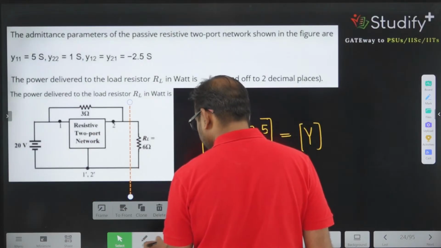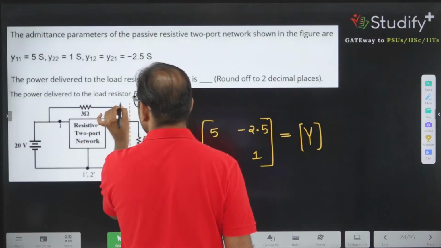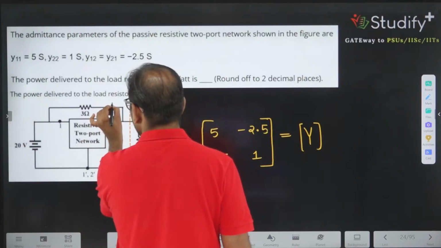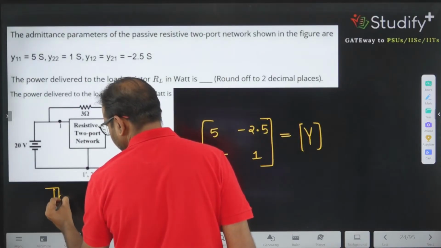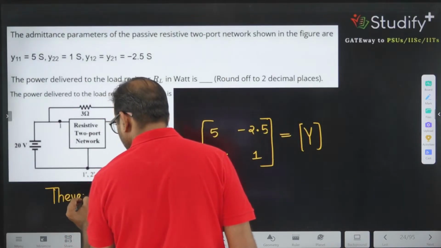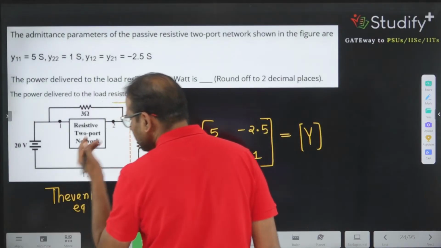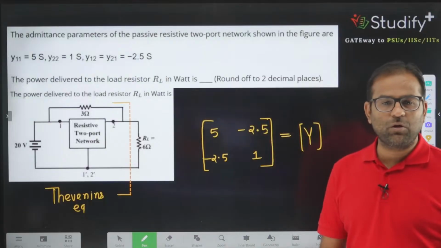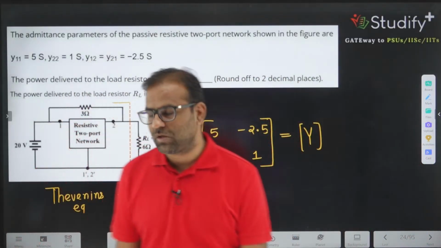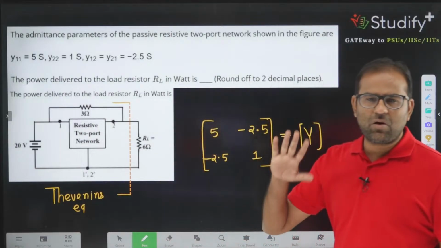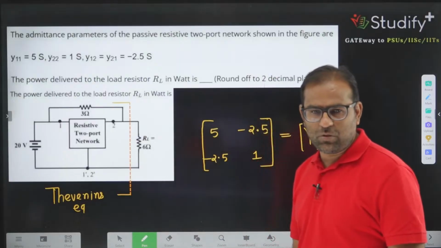If I can replace this part by Thevenin's equivalent, it is easy for me to calculate the power across any load. Here the load is given, which means they are not talking about maximum power transfer, they are just talking about the power delivered to the load.